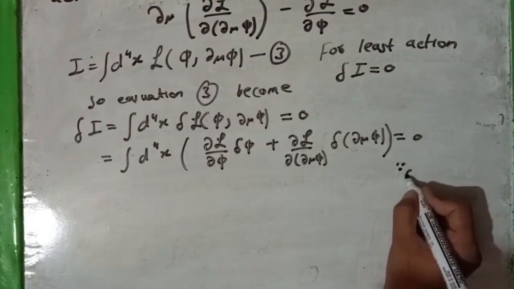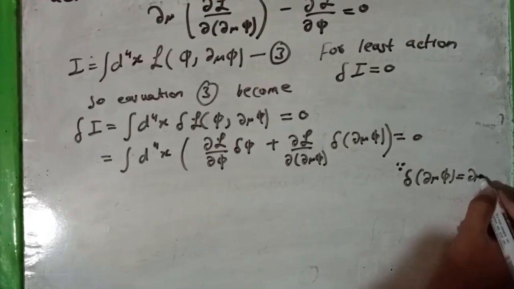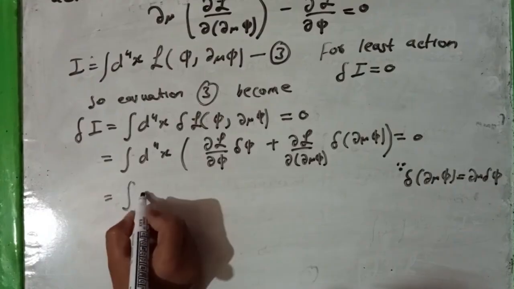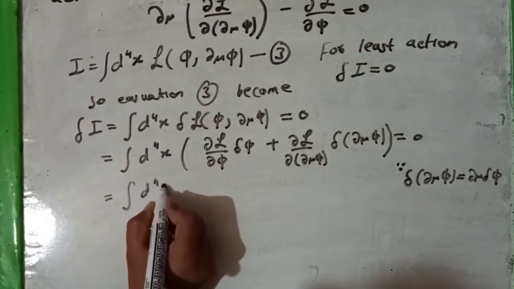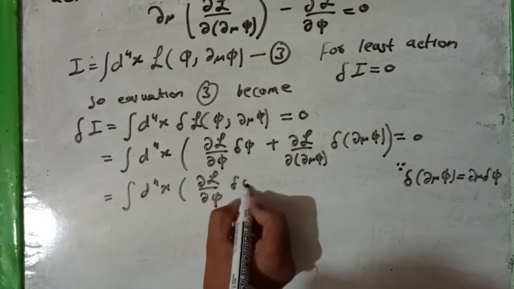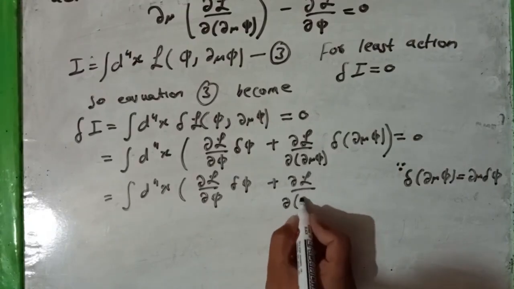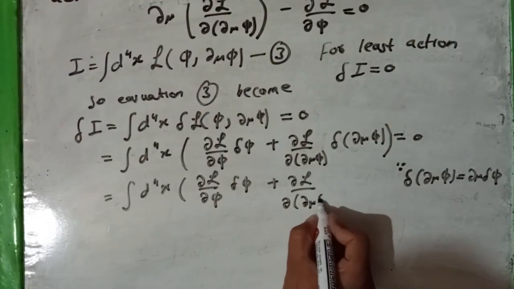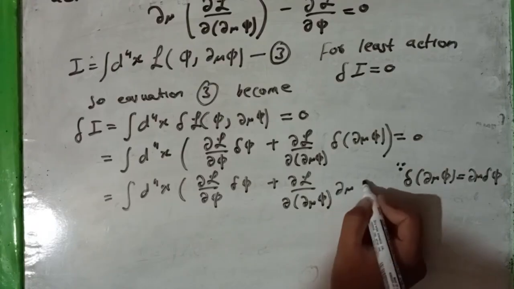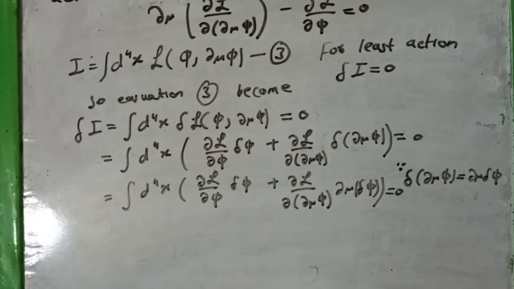Since δ(∂_μ φ) is equal to ∂_μ(δφ), this becomes the integral d⁴x of ∂L/∂φ δφ plus ∂L/∂(∂_μ φ) ∂_μ δφ, equal to 0.